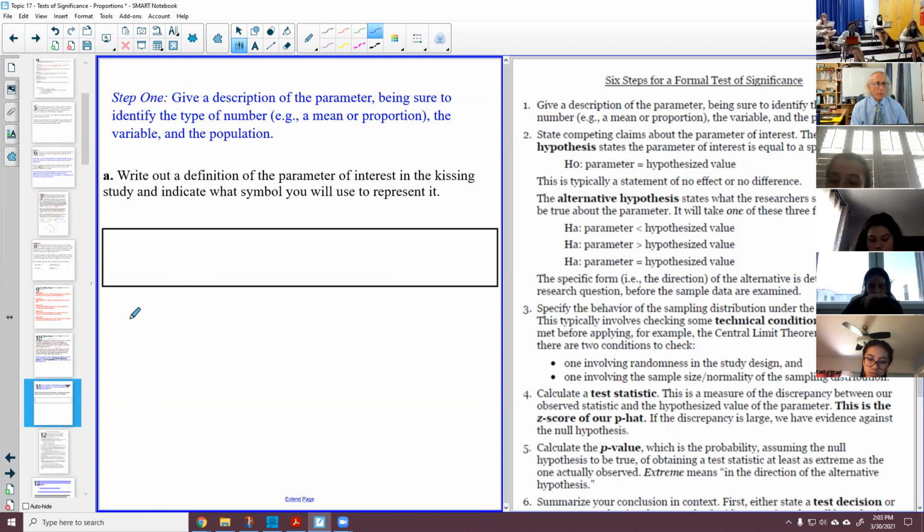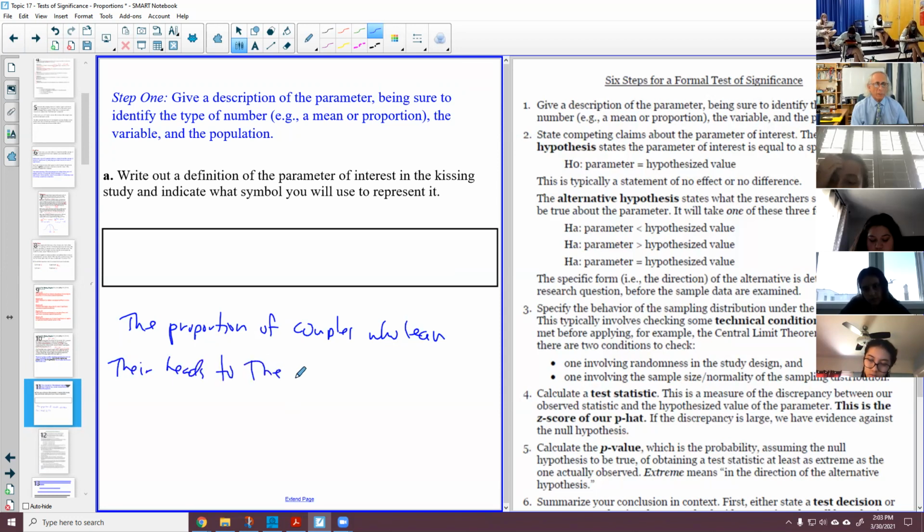The parameter of interest is the proportion of couples who lean their heads to the right when kissing. Yeah, I think that's what I would write.